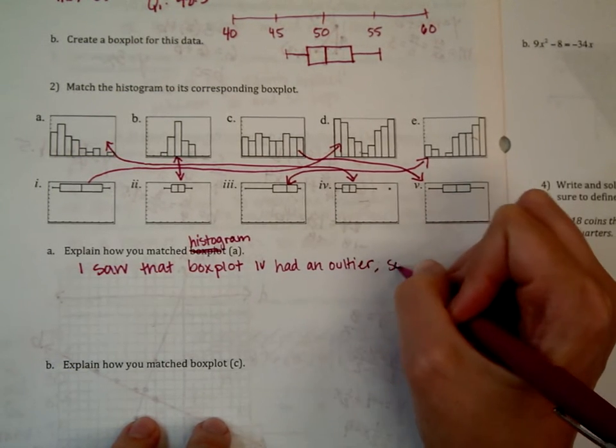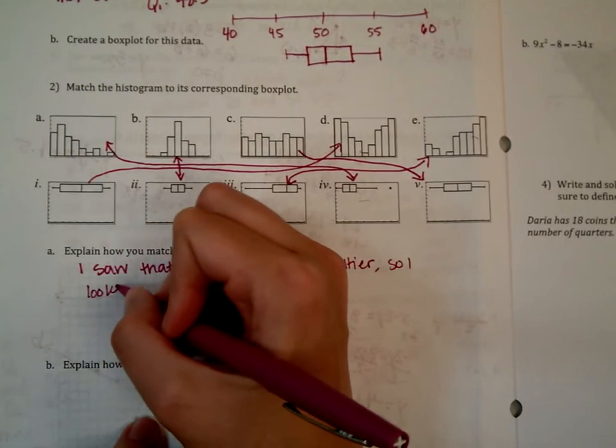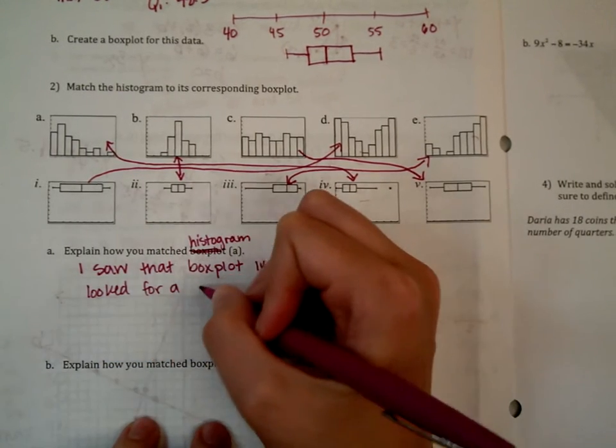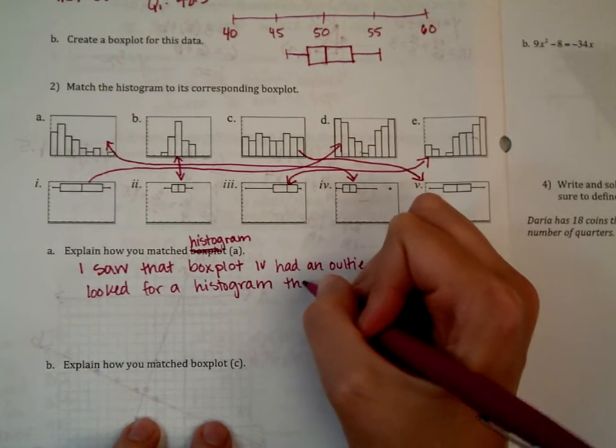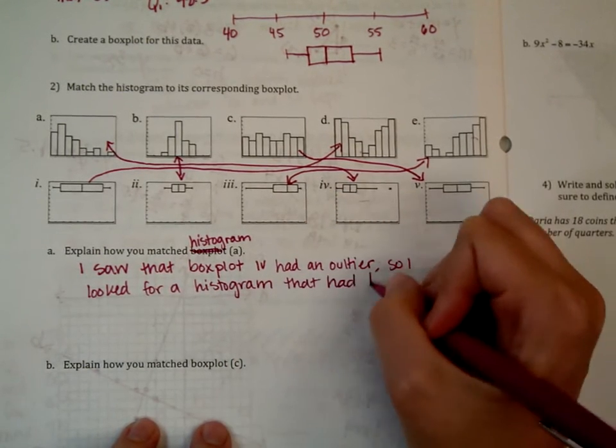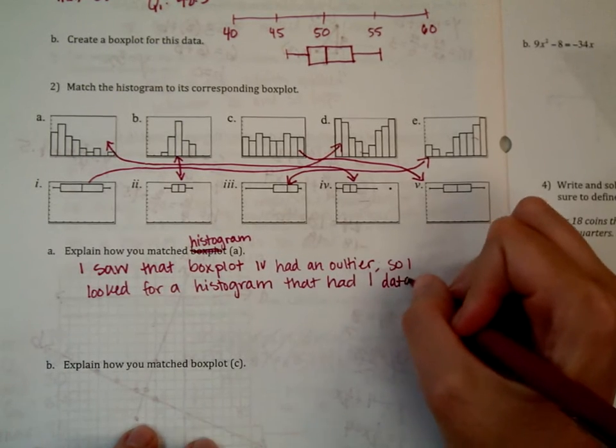So I looked for a histogram that had one data point on the far right.